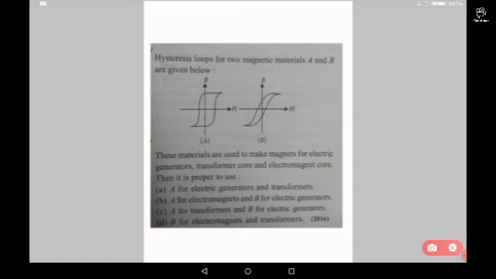So we know that in a hysteresis loop, the greater the area, the greater will be the energy consumed. But for electromagnets, electric generators and transformers, the area should be less, so that energy loss will be very low.